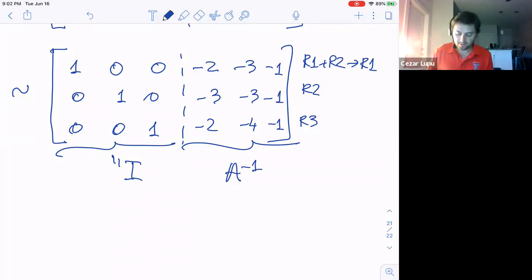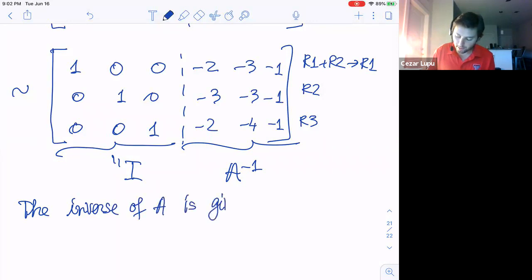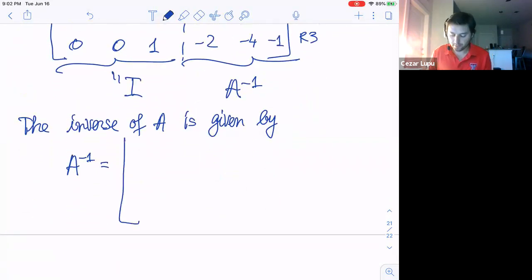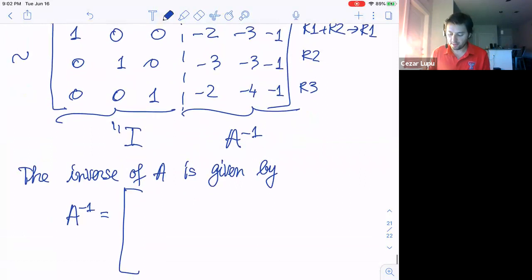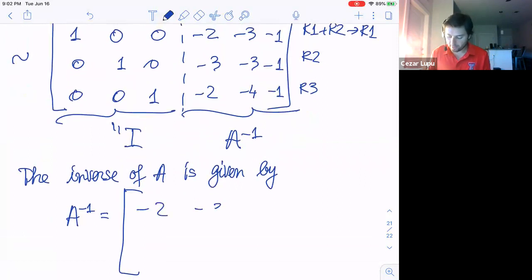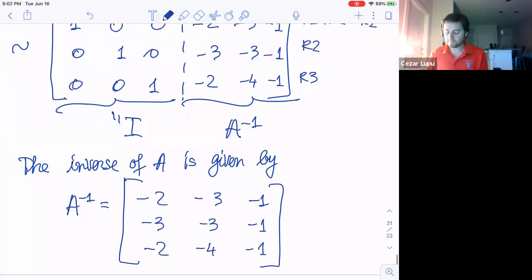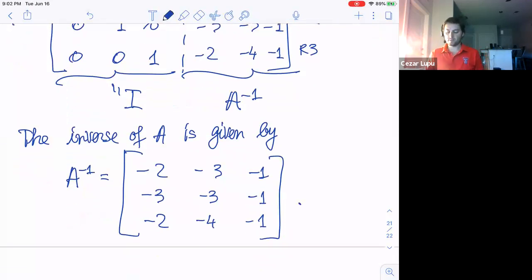So the inverse of A is given by this matrix that we just found: -2, -3, -1, -3, -3, -1, -2, -4, -1. That's it. That's how we find the inverse.